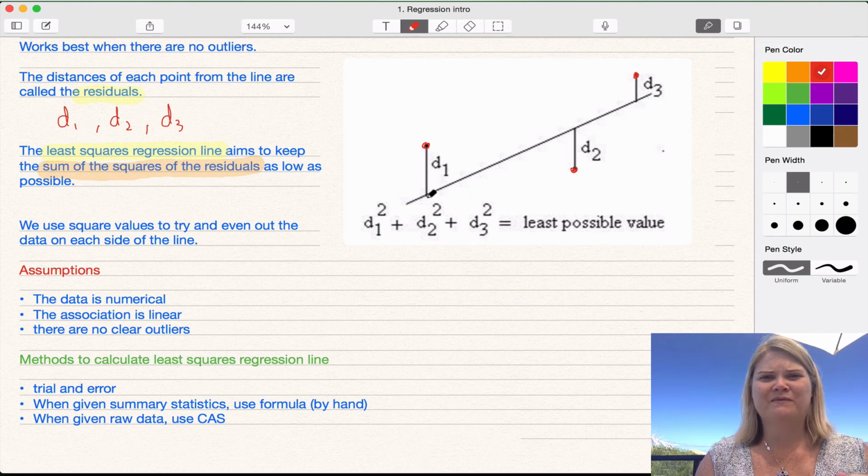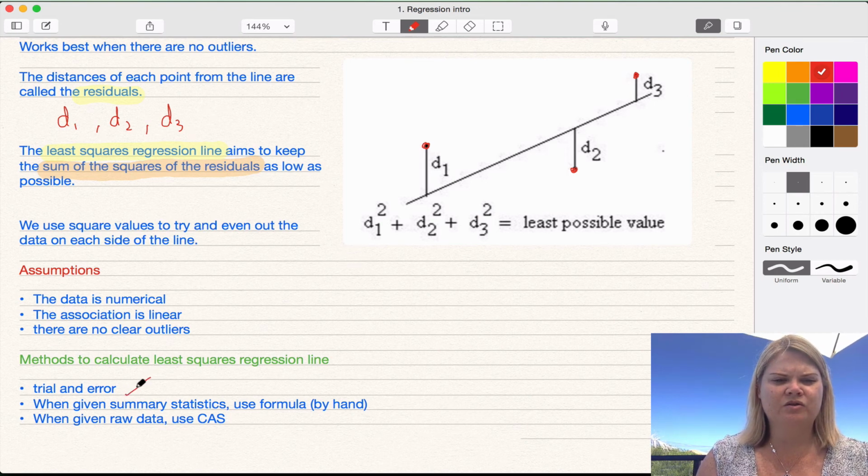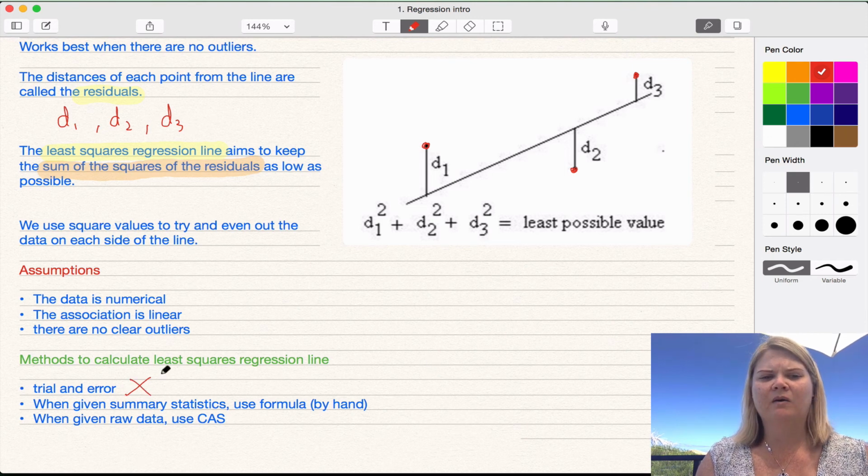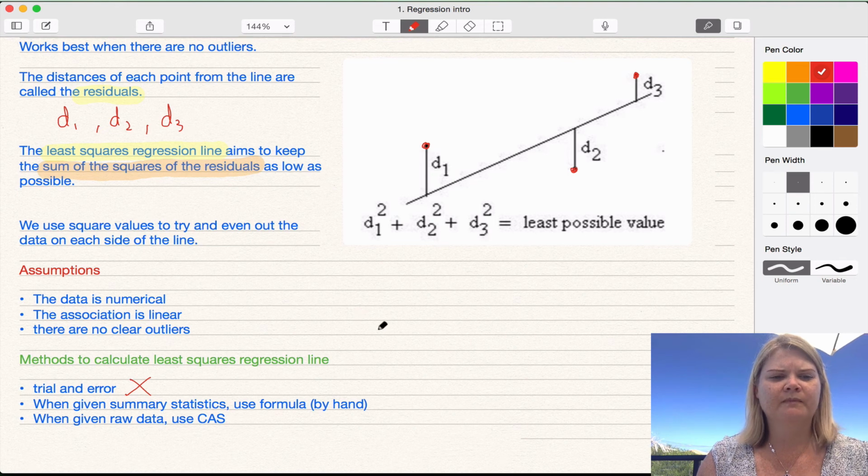Number 1, it takes forever to calculate all those residuals. Second, you've only chosen, say, 5 or however many you choose, and there might be an even better line that you haven't calculated the residuals for. So we don't tend to use trial and error, but you do need to know how the formulas work. That's why I've taken you through this example.